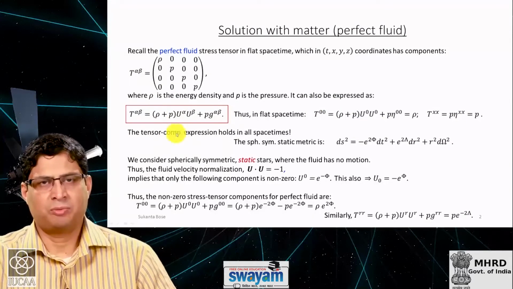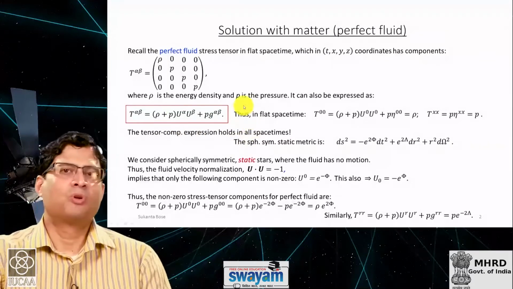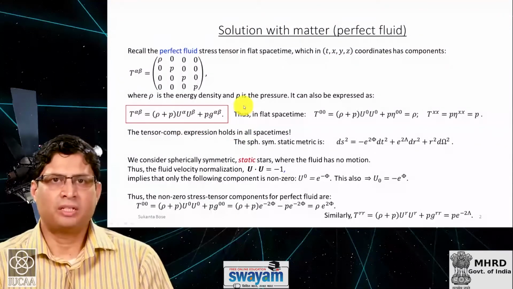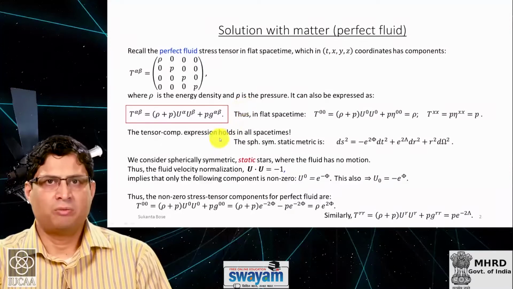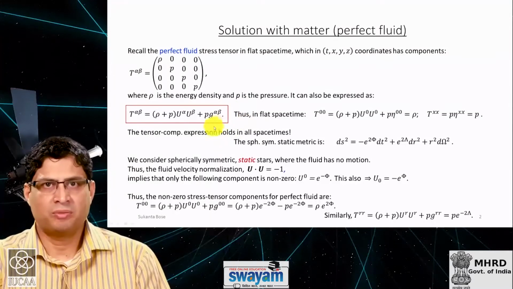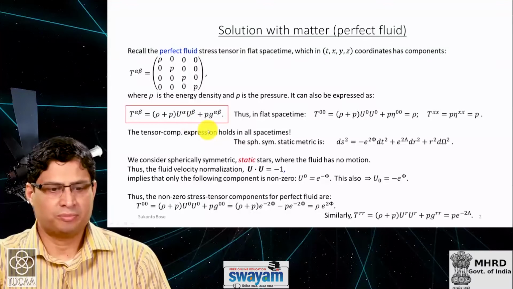But this is a handy expression. In fact, it is more general than just flat spacetime. You can apply it to curved spacetime as well, where g alpha beta can be more interesting, and similarly for u alpha u beta.